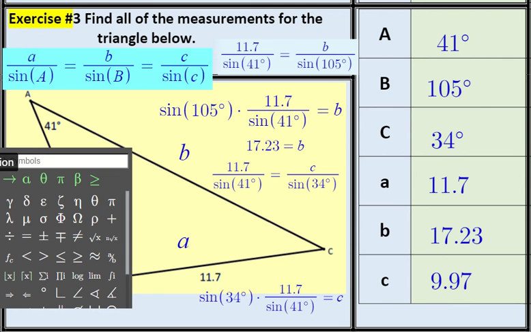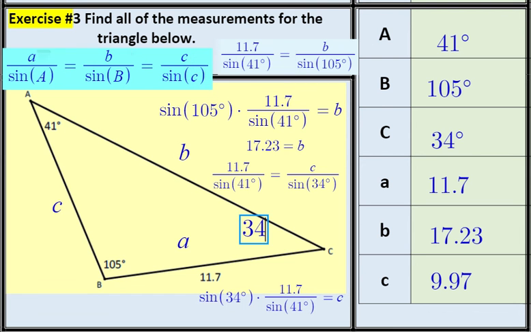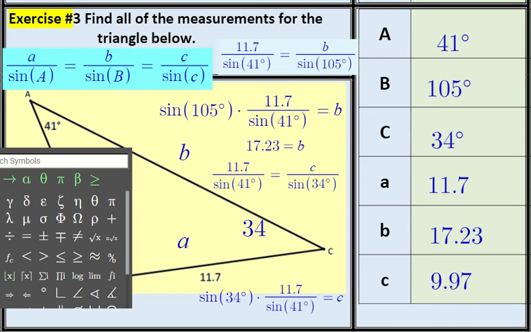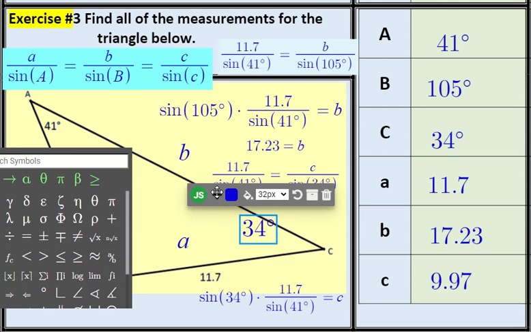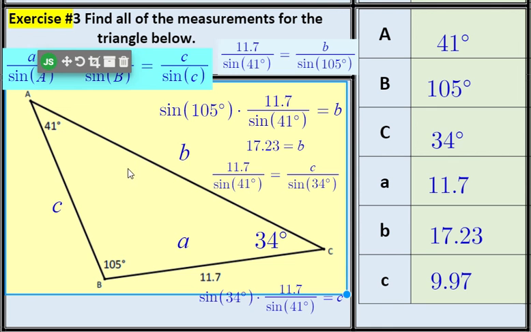So I'll go through and just put in a few values here because I can. So I know that this was 34 degrees. I know that B was 17.23.